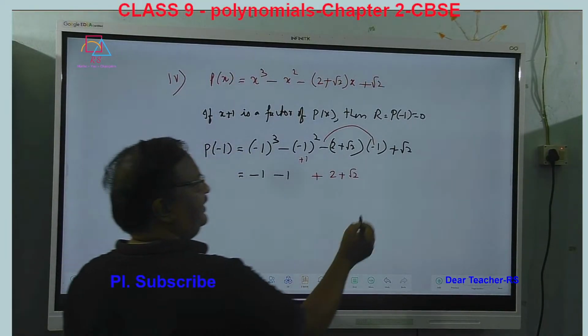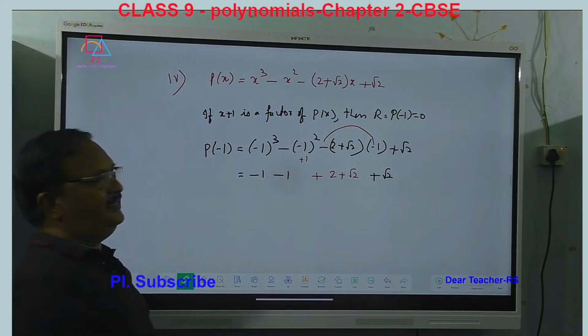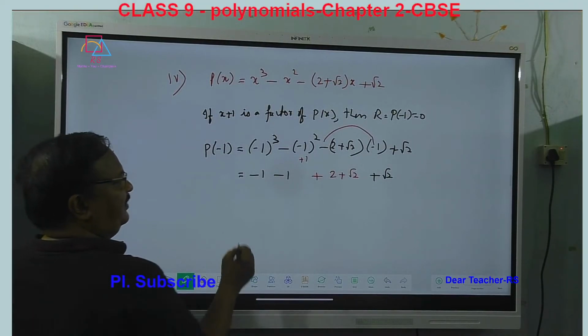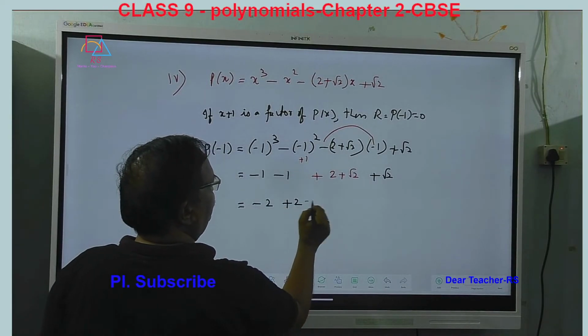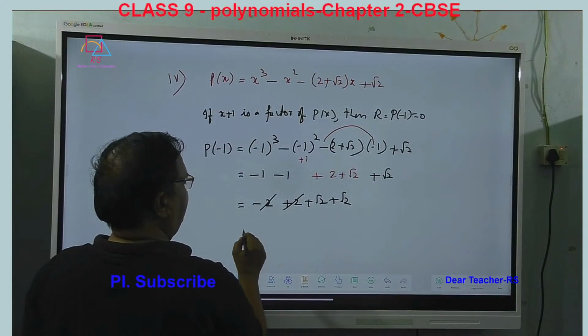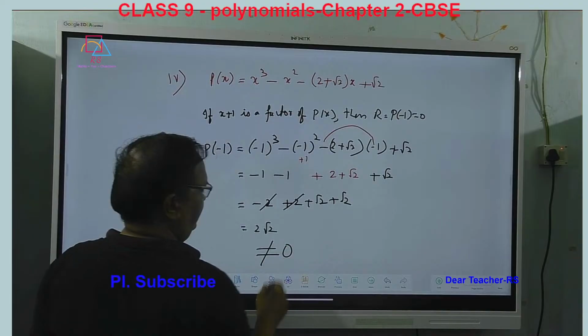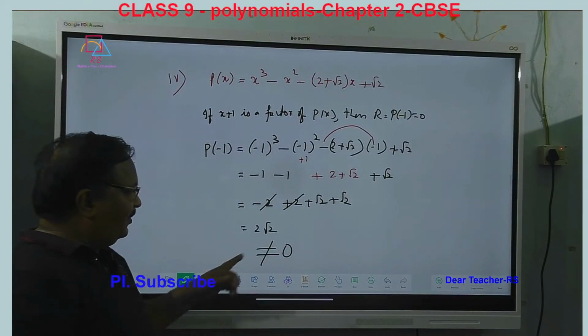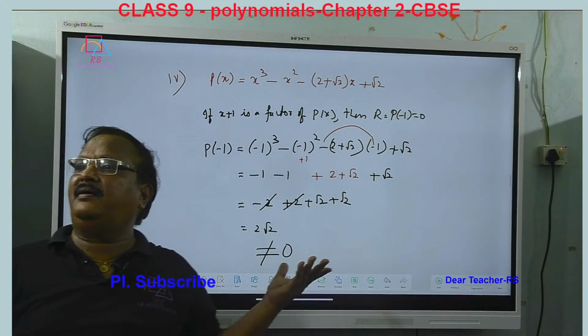You have to be very careful, and this plus root 2 as it is you have to write. Then minus 1 minus 1 minus 2 plus 2 root 2 plus 2 root 2. The 2s will get cancelled. So it is equal to 2 root 2, not equal to 0. Because it is not equal to 0, better you can check it one more time.